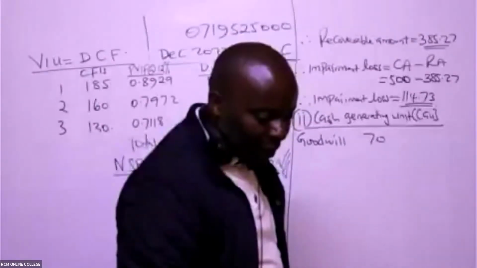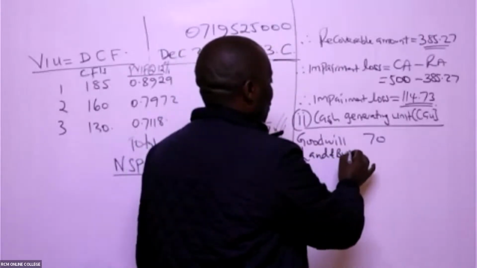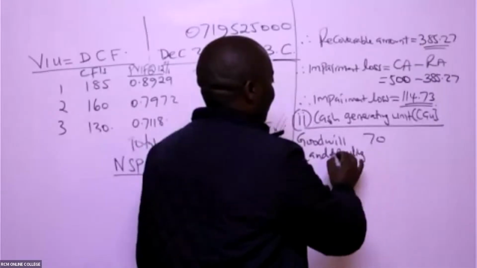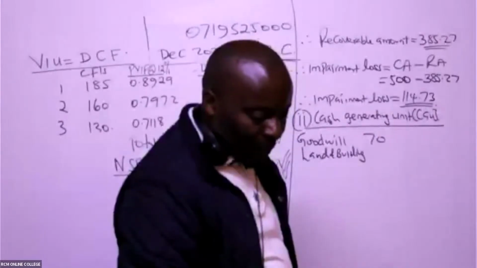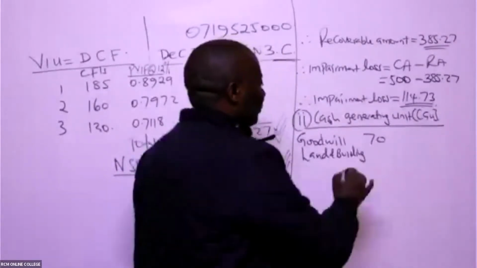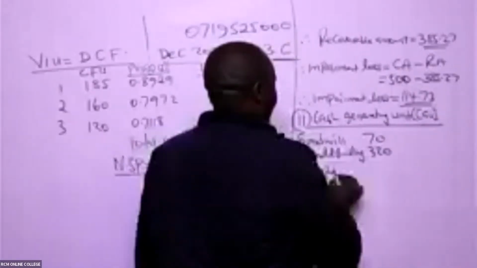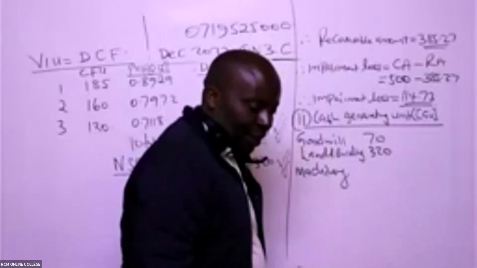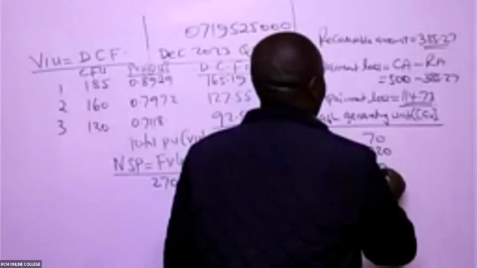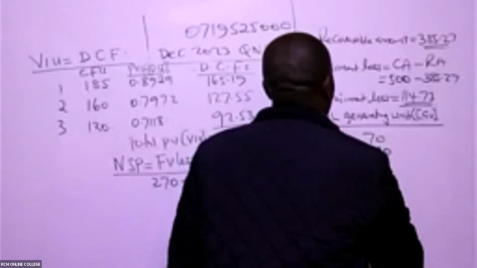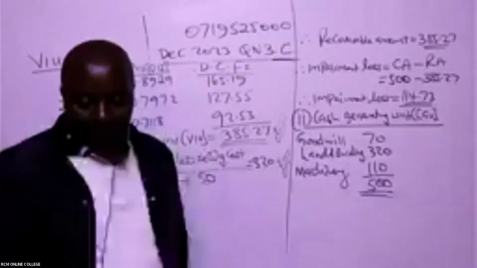And then we have land and buildings, 320. And then we have machinery. From the carrying amounts, machinery is 110, which in this case gives us 500.